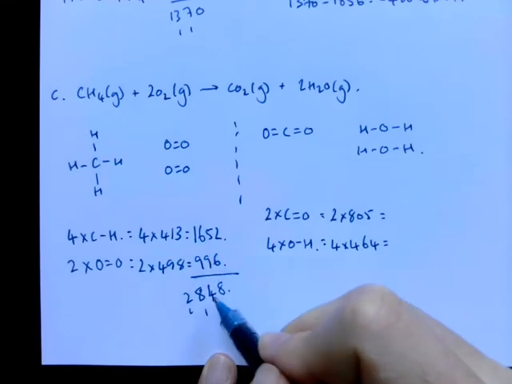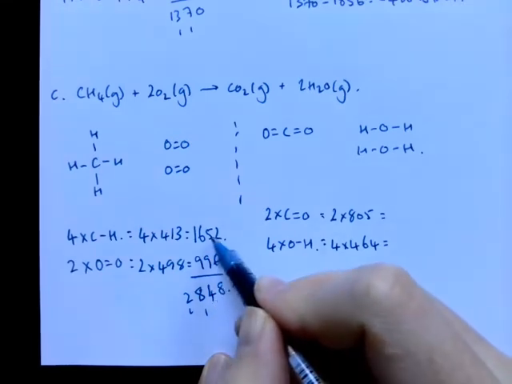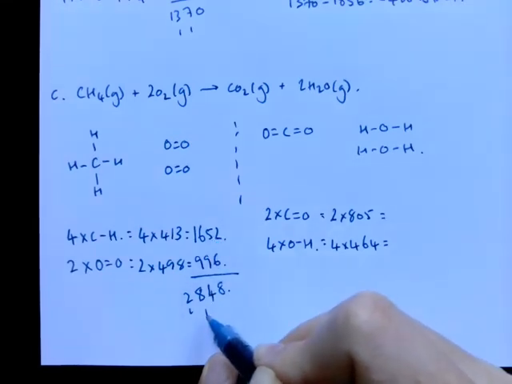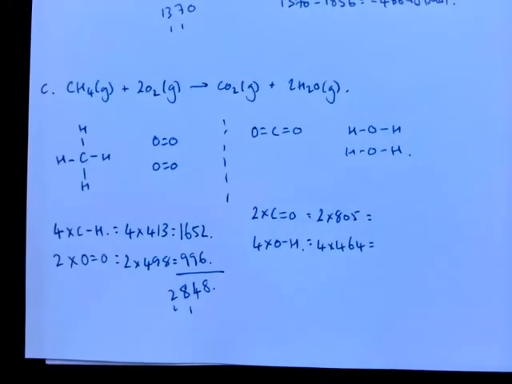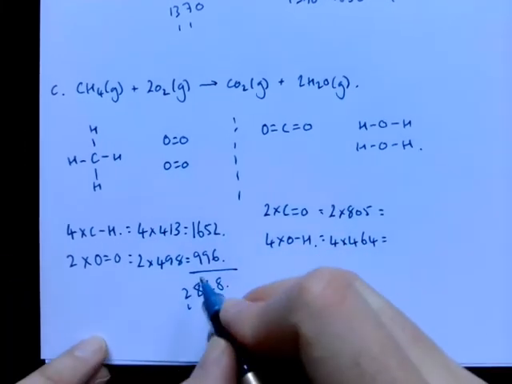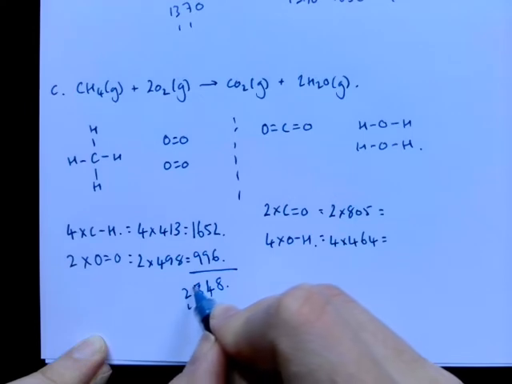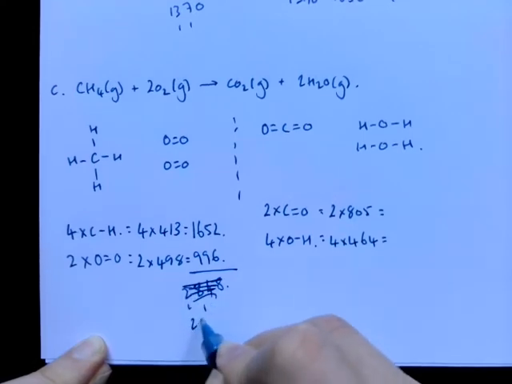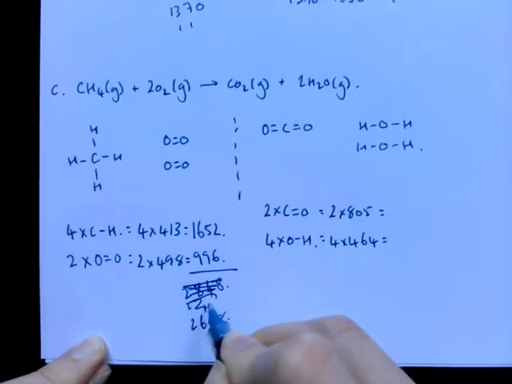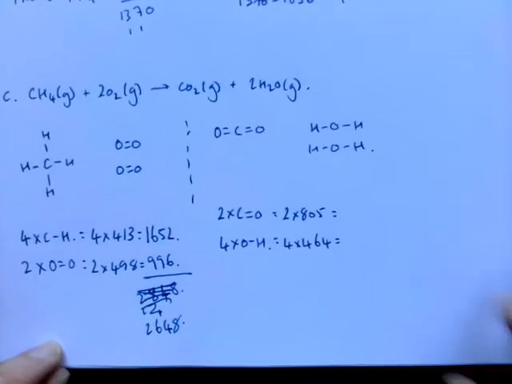I don't think that's right. I'll just get my calculator. 1652 plus 996. How did I get that wrong? 2648. All right, so always check your maths.